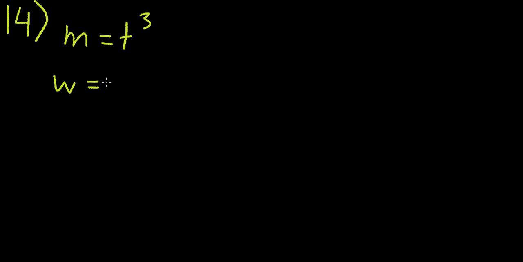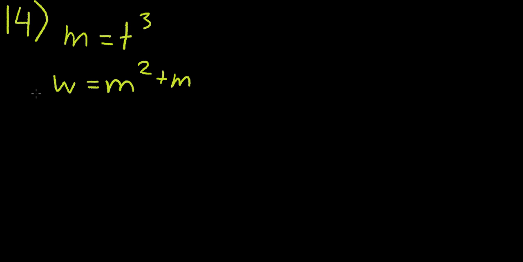Okay. So number 14, and it might be the final question for today. If m equals t cubed for any positive integer t, and if w equals m squared plus m, so what is w equal to in terms of t?